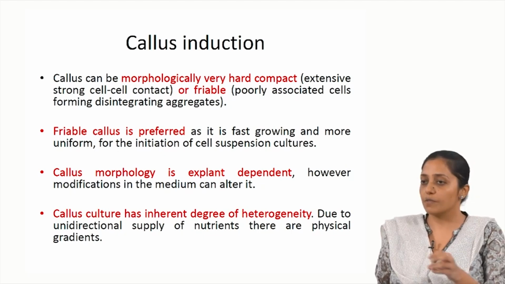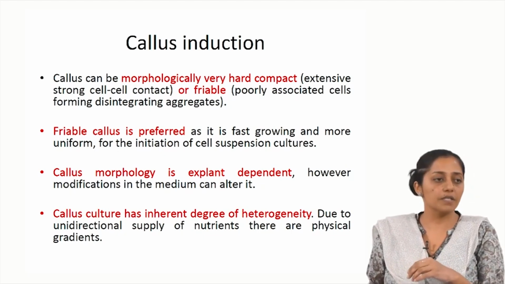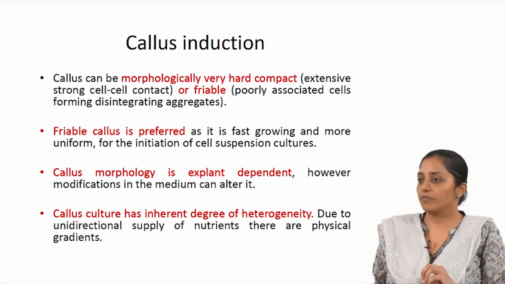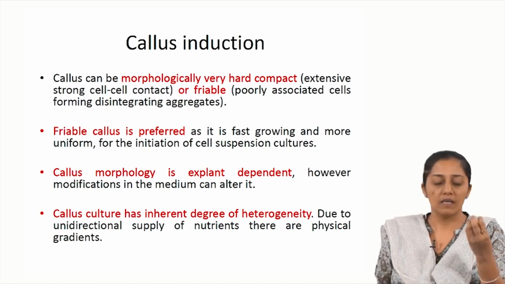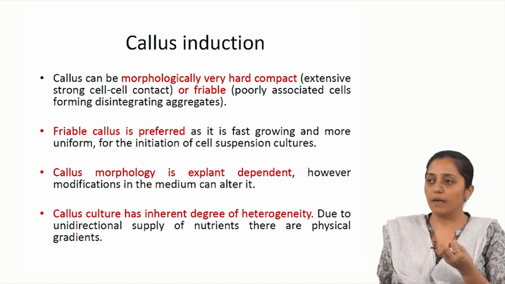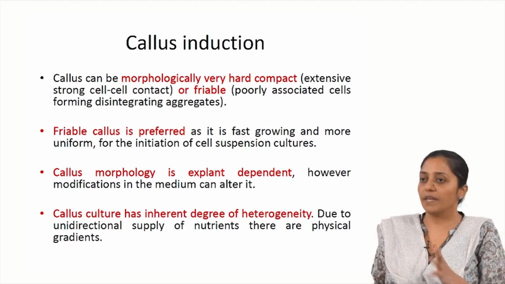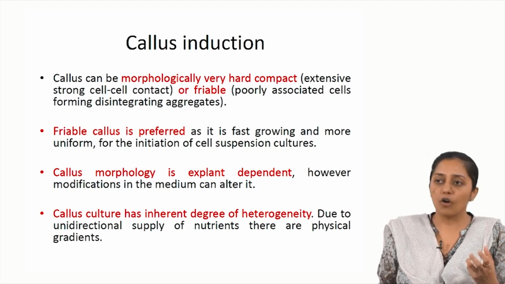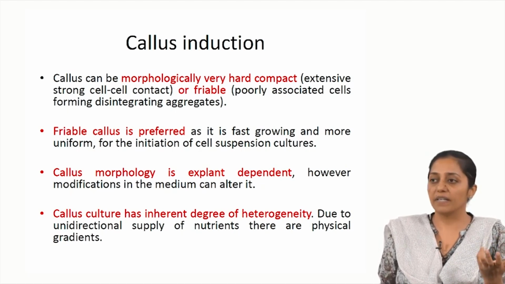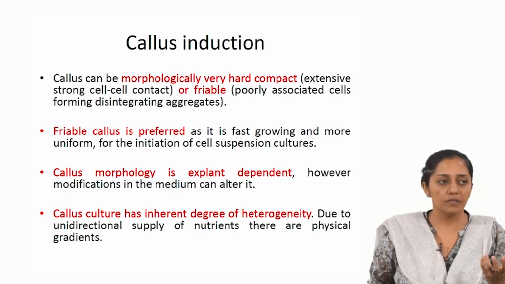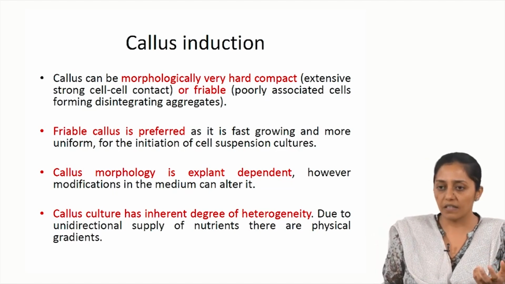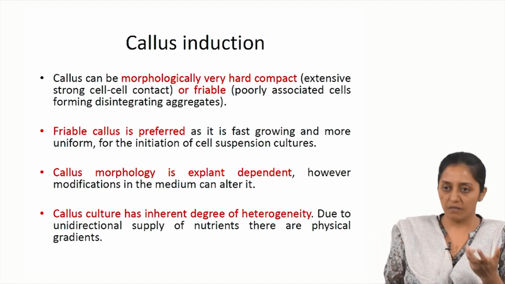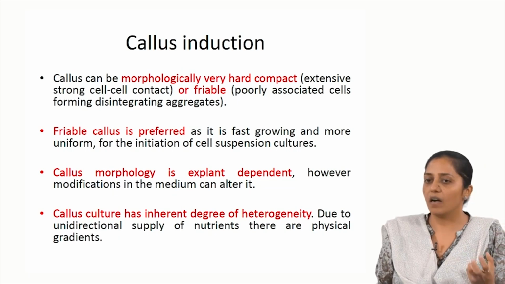Generally for suspension cultures or in vitro cultures, friable callus is preferred. Friable callus means the cells of that callus should be able to get dispersed easily when given suitable conditions, because hard and compact callus will become limiting. What limitation do you think you can face with plant cell cultivation if your beginning material, which is the callus, is very hard and compact?